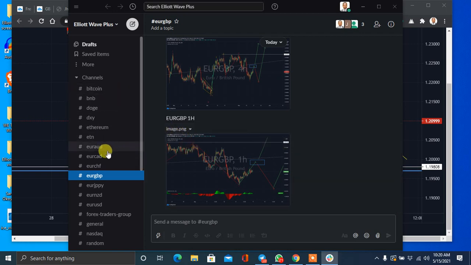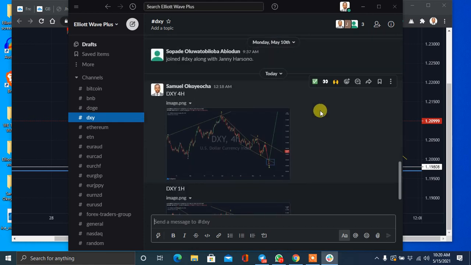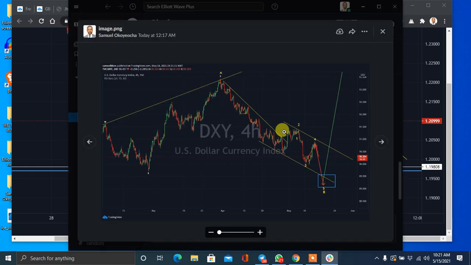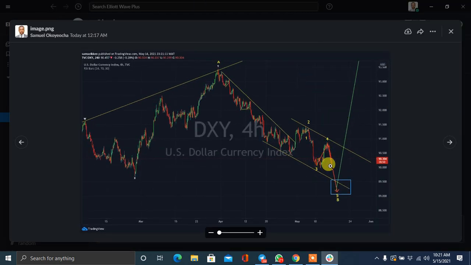I analyzed Euro pairs from DXY. This is what I expect on DXY: a further drop towards this area, that is towards 89 or thereabout, before we get an up move.